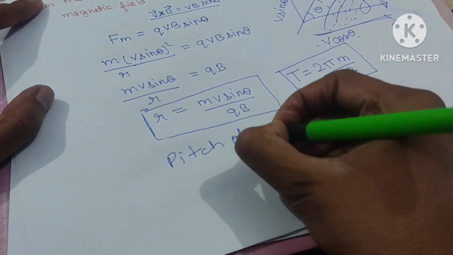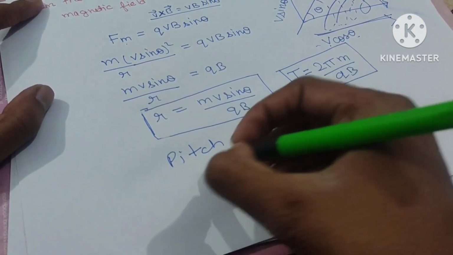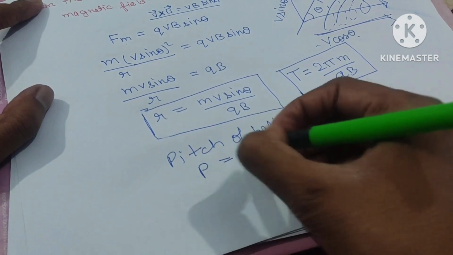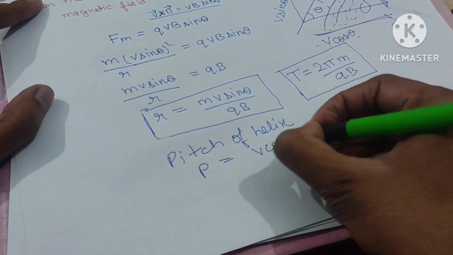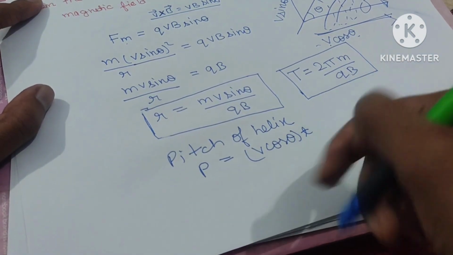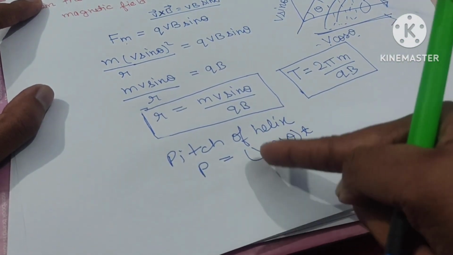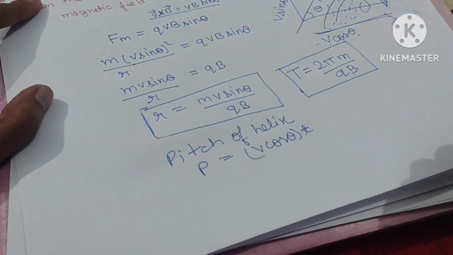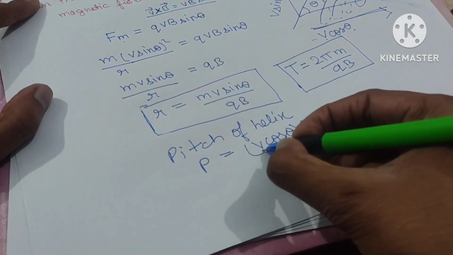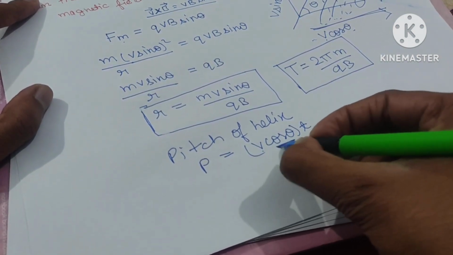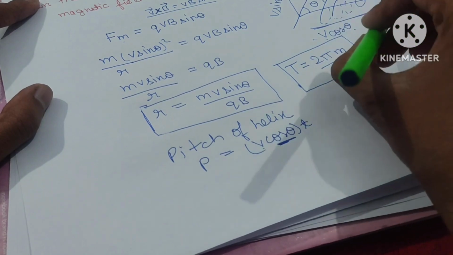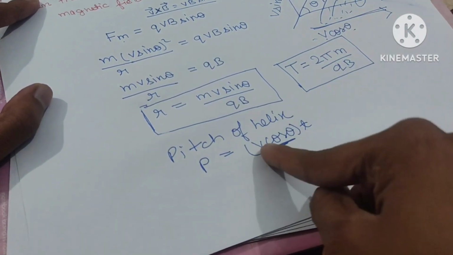The pitch of helix is p equal to v cos theta times t. It is a distance. Velocity into time is the distance, but we are taking the velocity in the x direction, so that's why it is v cos theta.